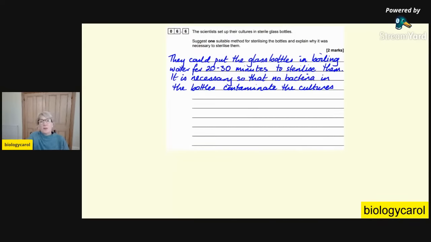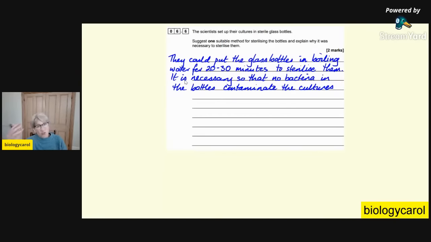So I said they could put them in boiling water. Did I know how long? No, I flipping didn't. So I made it quite a long time. Probably 5 or 10 minutes would have done it to kill bacteria, but let's make sure. So I wrote that. And here, my logic, whenever there is anything about why sterilization is important, my first thought was to go, okay, it's to avoid contamination.